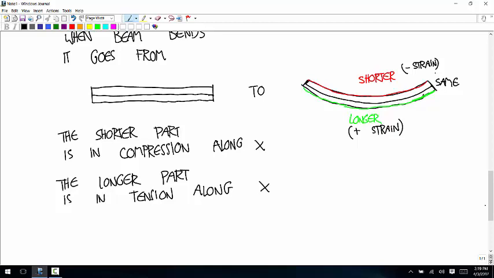No, those are different points on the body. And so what happens at one has no effect on what happens at the other one. So you're right that it's small deformations and the amount of shortening and lengthening is really small, but that depends on the shape of the beam.